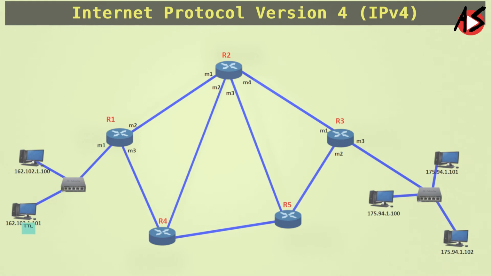When a source host sends the datagram, it stores a number in this field. This value is approximately 2 times the maximum number of routers between any two hosts. Each router that processes the datagram decrements this number by 1.